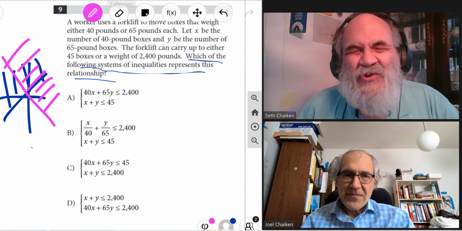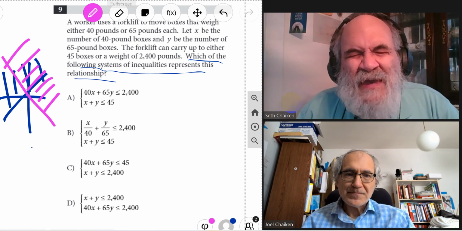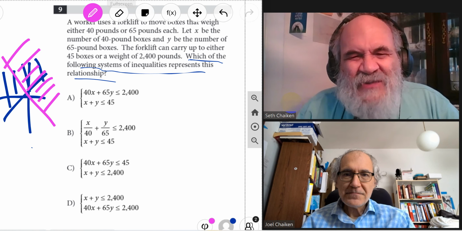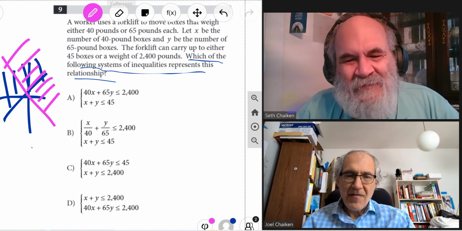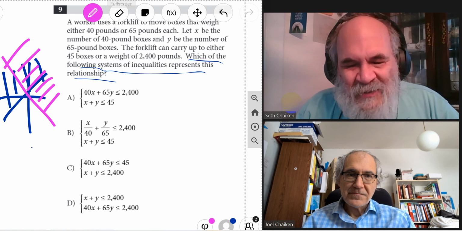My take of it is it is a word problem in the sense that the task is to translate the data in the problem from English to algebra.